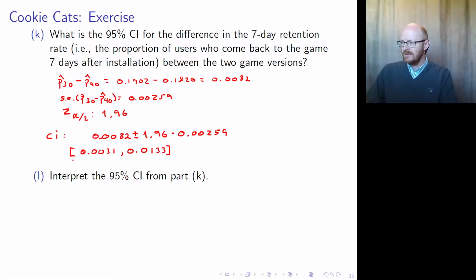So this is the confidence interval, and as you see, it does not contain 0.